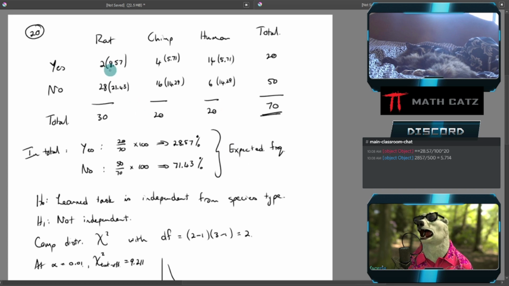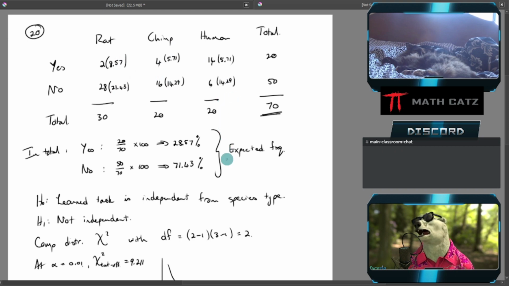We can now compare the observed scores, and we have 6 of them, to the expected scores under the null hypothesis. If the learned task ability and the species column don't actually affect each other or are connected in some way, then this is what I would expect.